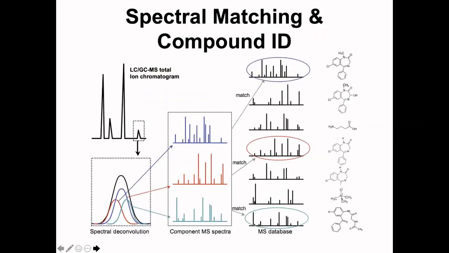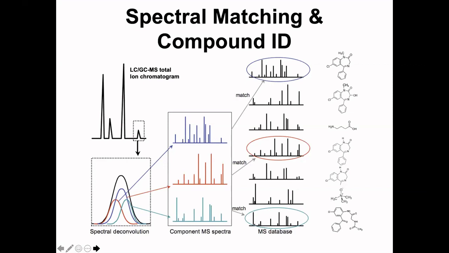At least in mass spectrometry, the standard way of identifying compounds is to collect a GC or LCMS chromatogram, either a total ion chromatogram or extracted ion chromatogram, select a peak, in some cases in real time or in later time, and look at the fragmentation patterns under those peaks.